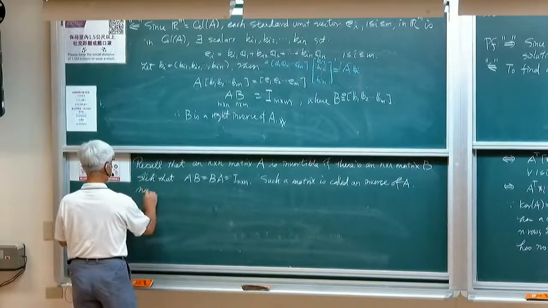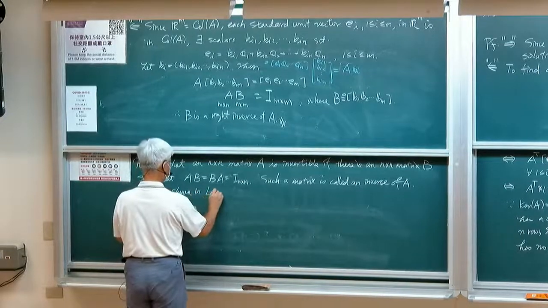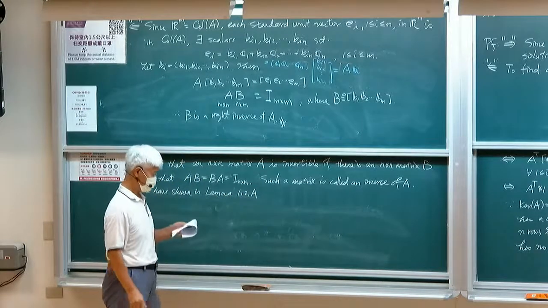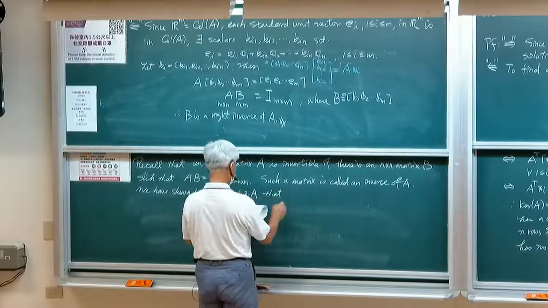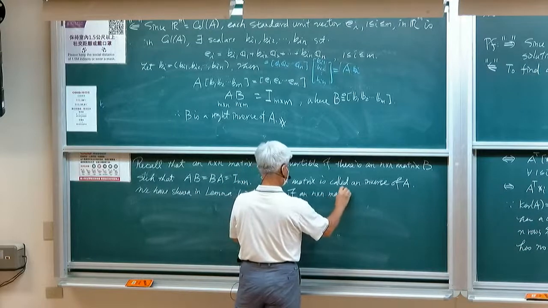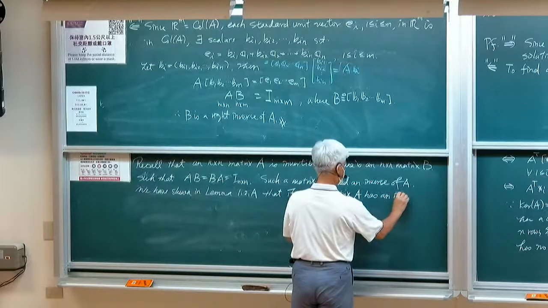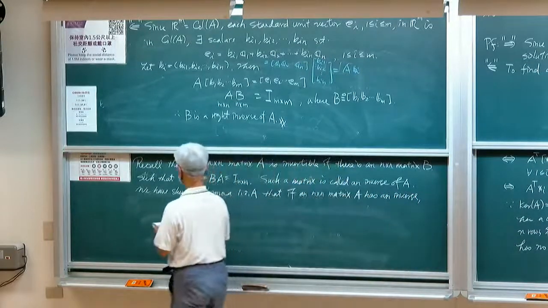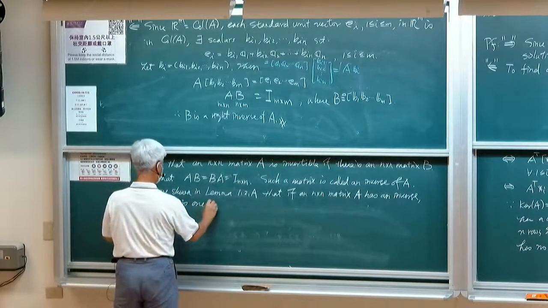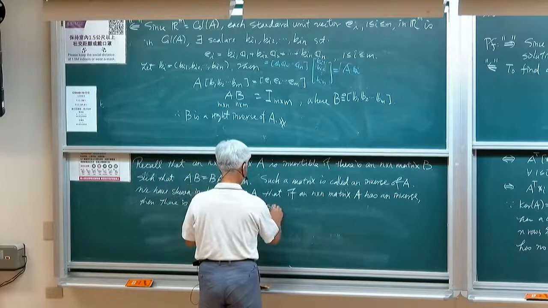And we have shown, in lemma 1.2.a in chapter 1, that if an n times n matrix A has an inverse, then there exists one and only one such inverse.